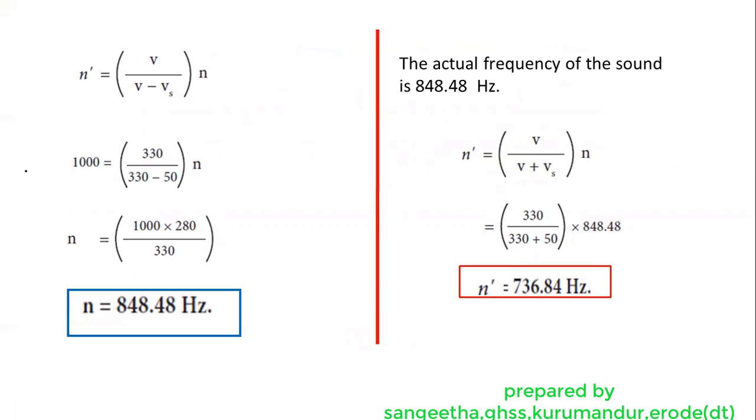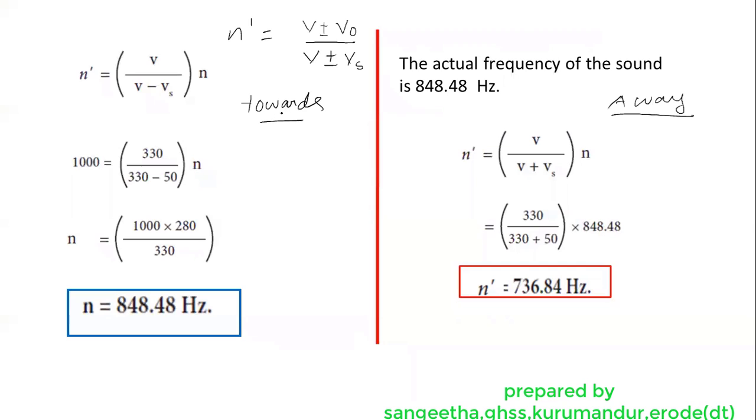We know the general formula: n dash is equal to V plus or minus V observer by V plus or minus Vs, into n. First, consider the source moving towards the observer.